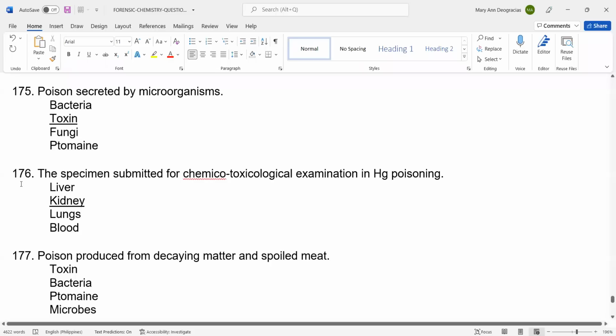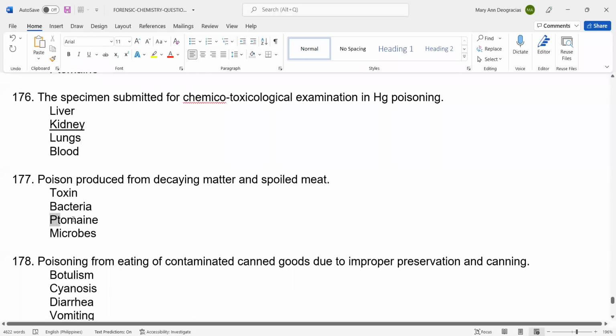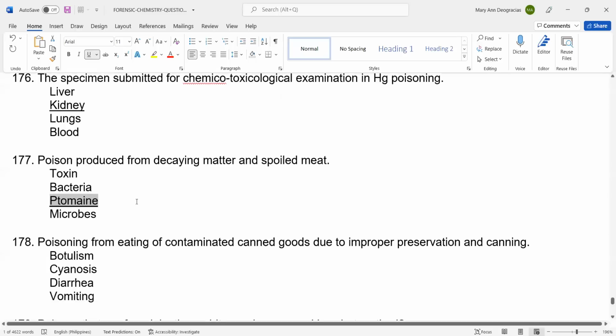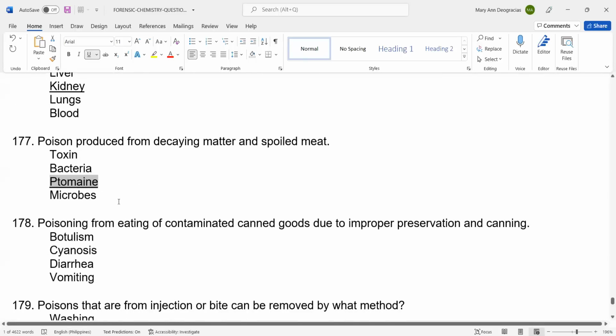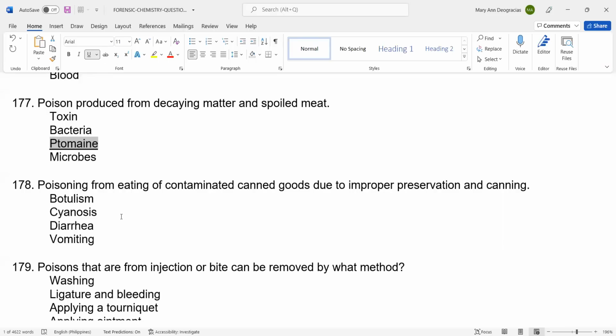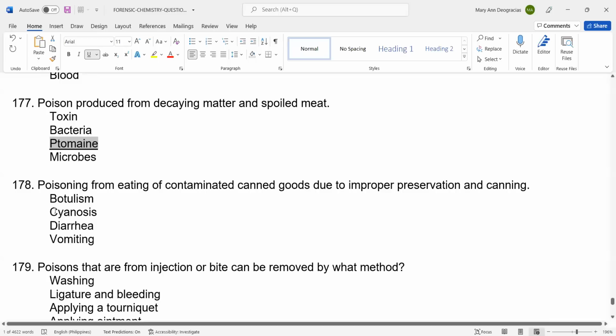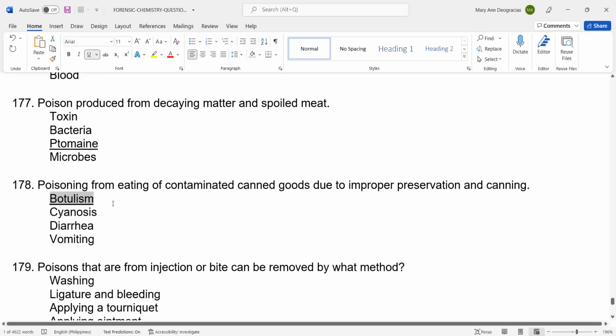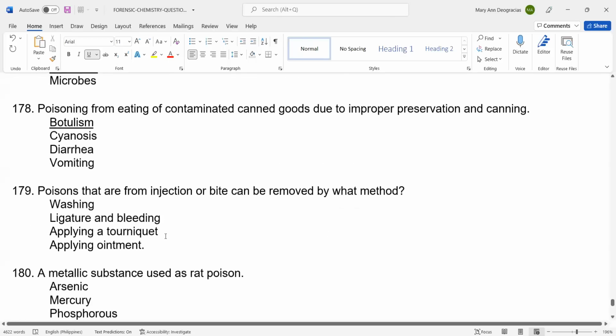Okay, so ito yung sinasabi ko sa inyo guys kanina. It's the ptomaine. Okay, mga puting uod na naglulundagan na galing sa nabubulok na karne, tawag sa kanya is ptomaine. Poisoning from eating of contaminated canned goods due to improper preservation and canning. So we call it botulism. Okay, pagka kumain tayo ng mga expired na delata, so ang poisoning is botulism.